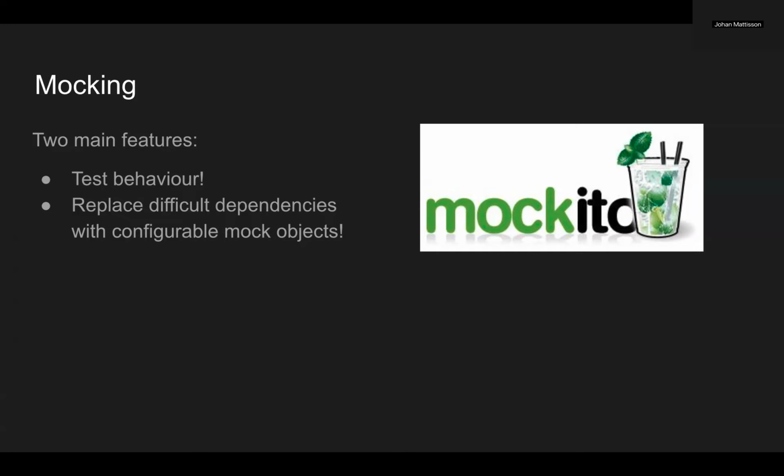You could replace a difficult dependency by saying, okay, I want to mock this class that I send in, like a dependency injection, for example. Because I want to specify what values you get out when you call certain methods. So that's one way: we fake the output, basically.